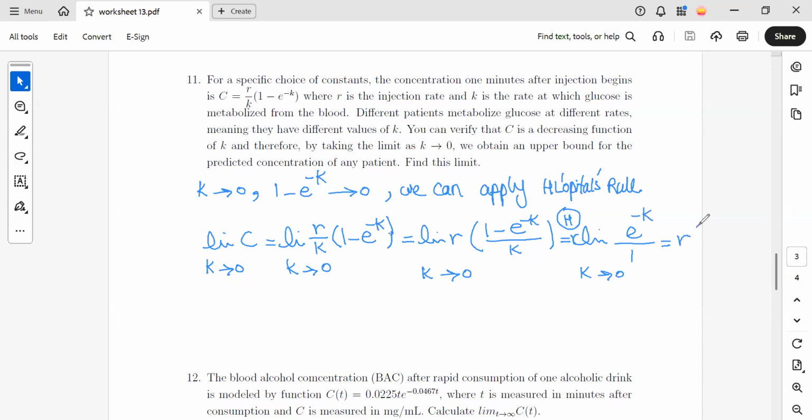So we have r, and we know that e to the negative k is 1 because k is 0, e to 0 would be 1, and then r is the answer. And what is the interpretation? The interpretation based on the information that we have is that the upper bound for the concentration is R, the same as the injection rate.